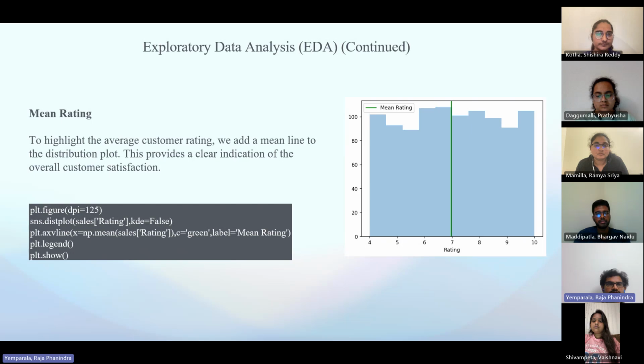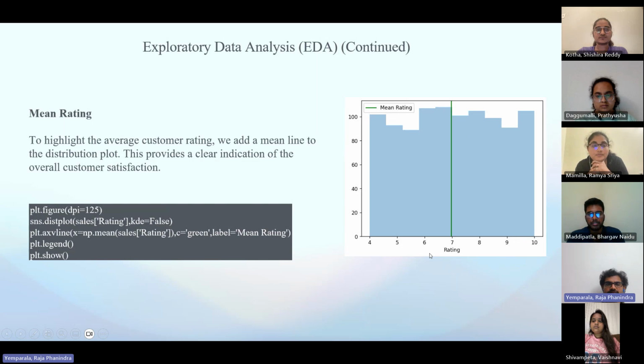Going to the next one, it is the mean ratings, where we take the mean of the customer ratings. Here also we have used the sns.displot graph.